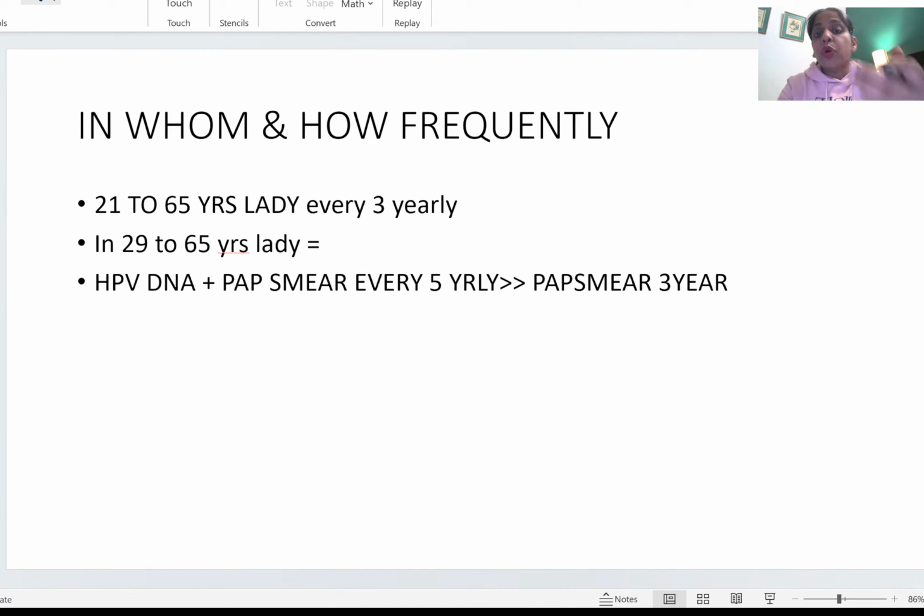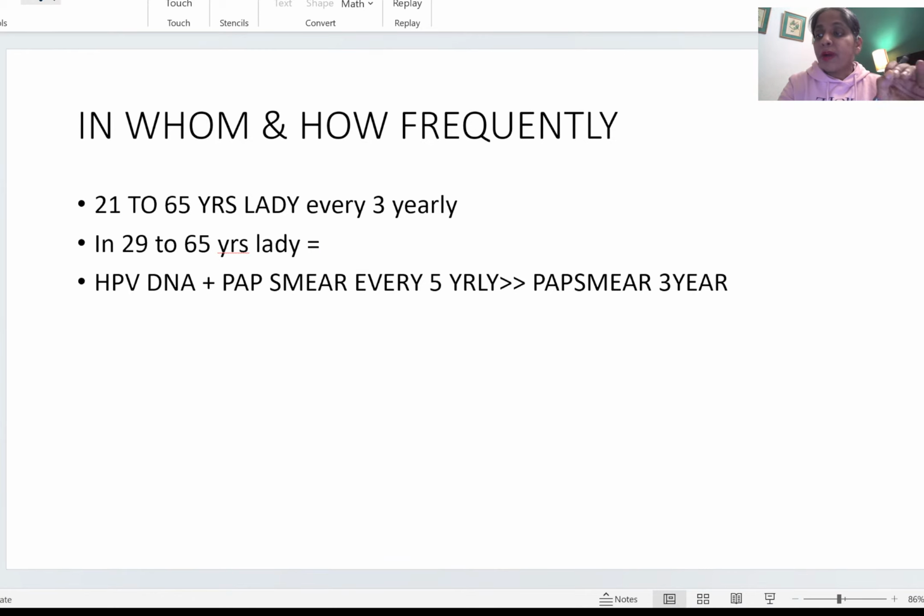On an average in India, the sexual activity of females starts around 21 years. So from 21 to 65 years, in ladies, a pap smear is done every 3 years.